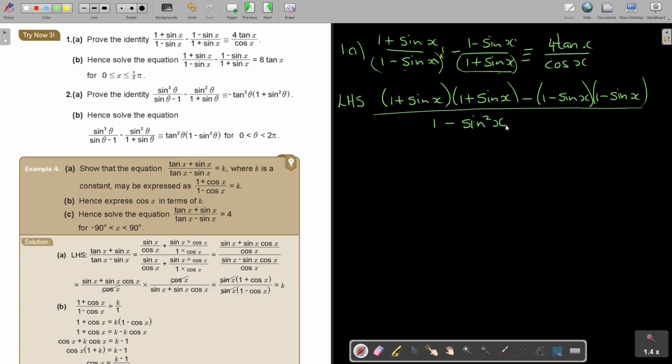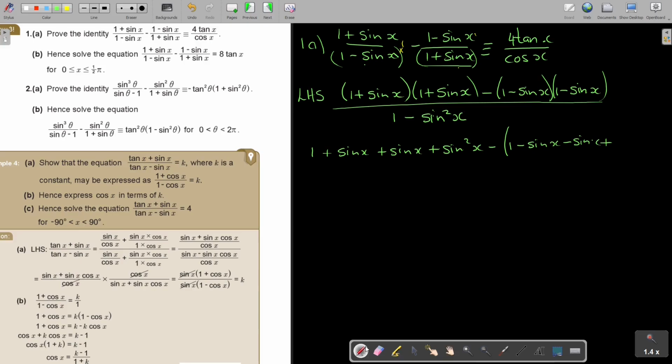Okay, now let's multiply out this. So it's 1 plus sin x plus another sin x plus sin squared x minus, bracket, 1 minus sin x minus sin x plus sin squared x. And that is going to be over 1 minus sin squared x.